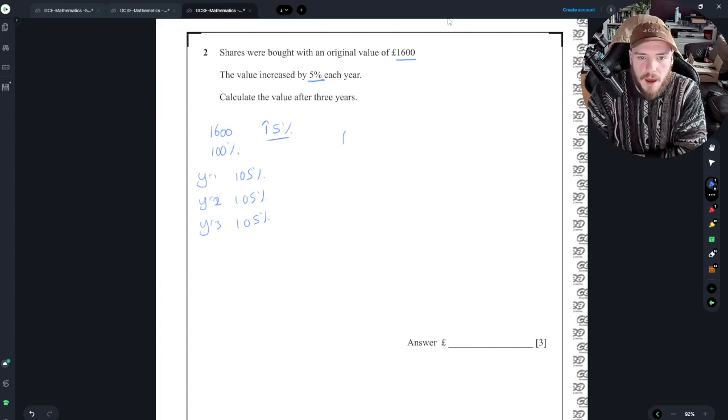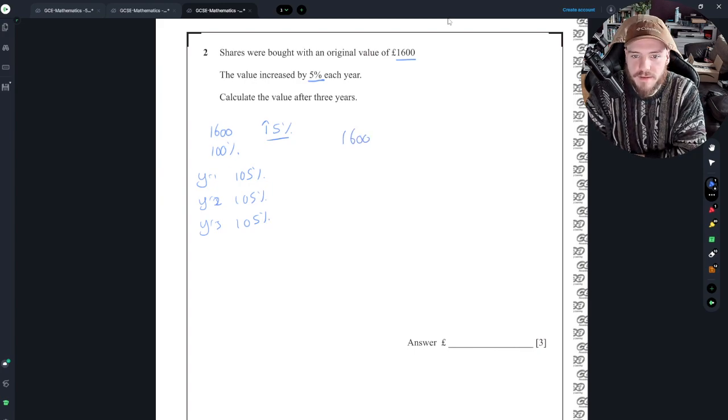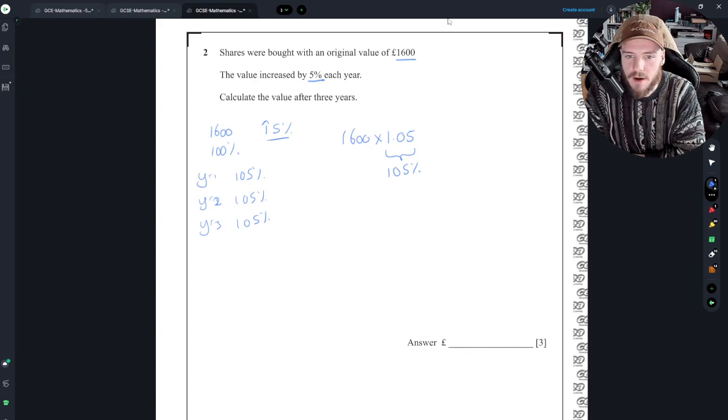So how can I increase 1600 by 5%? I can multiply it by 1.05, which represents 105% in terms of percentages. By multiplying 1600 by 1.05, I'm getting an increase of 5% on this value.